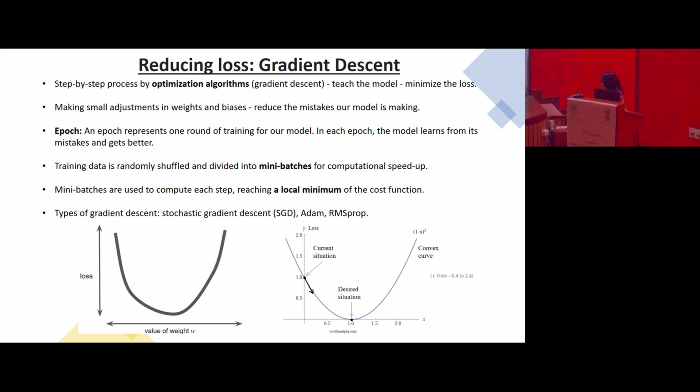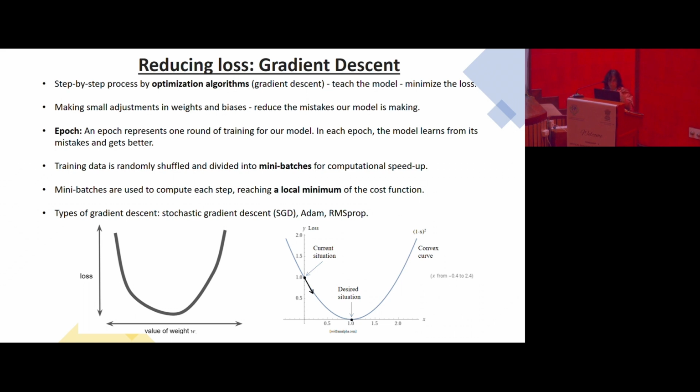And this graph is an inevitable graph; whenever you search for gradient descent, you will see it there forever. To understand this graph, I've created one small situation, and before that, the highlighted keywords: optimization algorithms, epochs, mini batches, local minima.